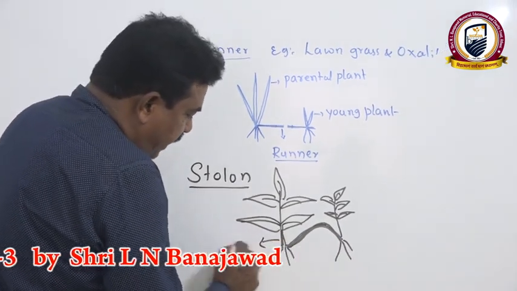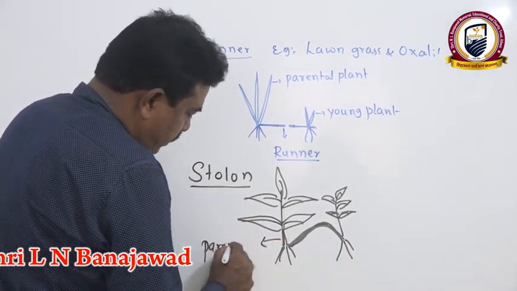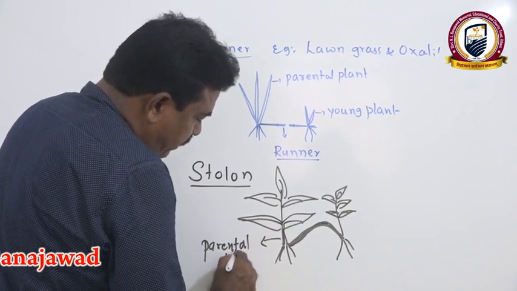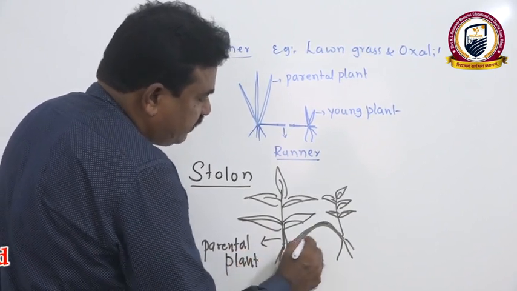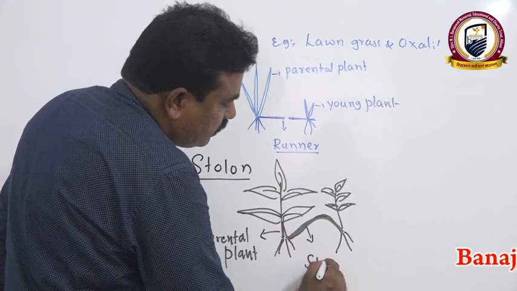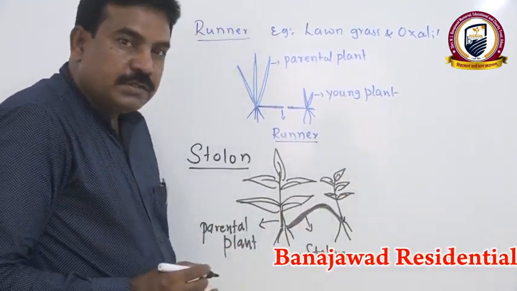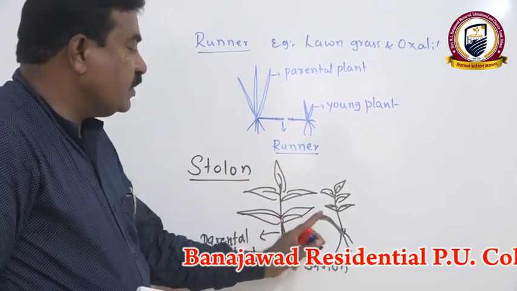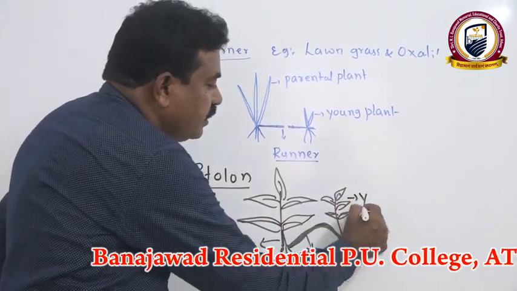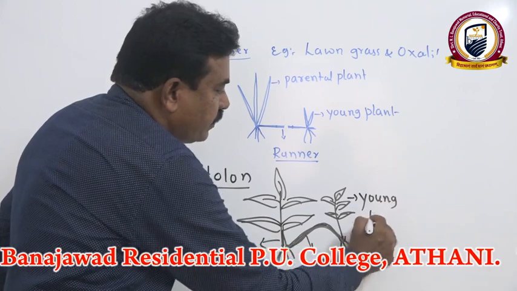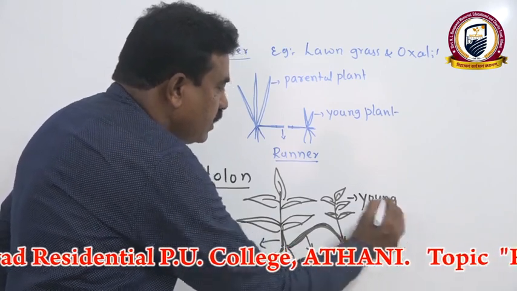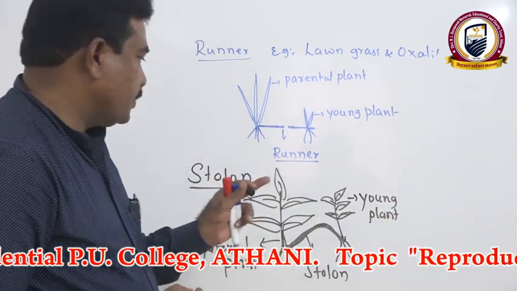Generally, the parental plant first develops a special stem, we call it a stolon, and that stolon later gives a young plantlet. Suppose the stolon is damaged, once again this young plant develops as a new one. This is another mode of asexual reproduction.